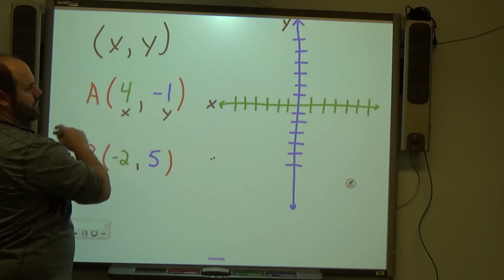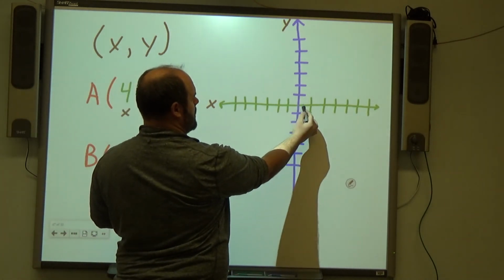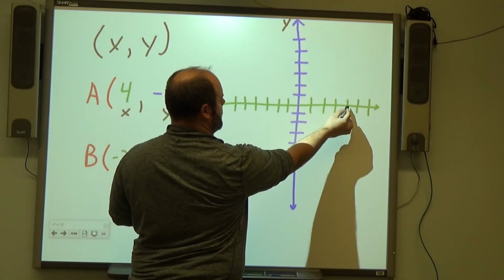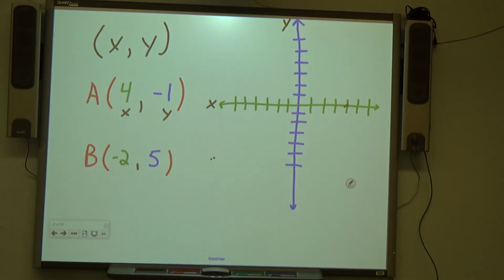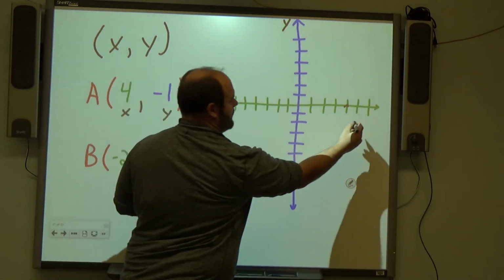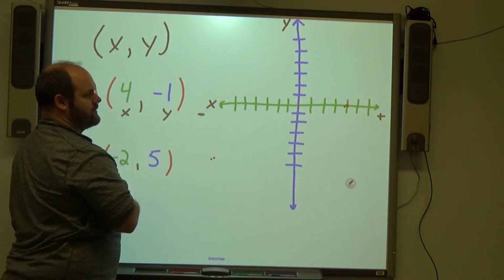So I'm going to go over 4 units to the right. So I start at the origin, 1, 2, 3, 4. Now I'm going to put a little x there. That's not my point, okay? But that's where I need to get to on the x-axis. Because x is positive going that way and negative going that way.